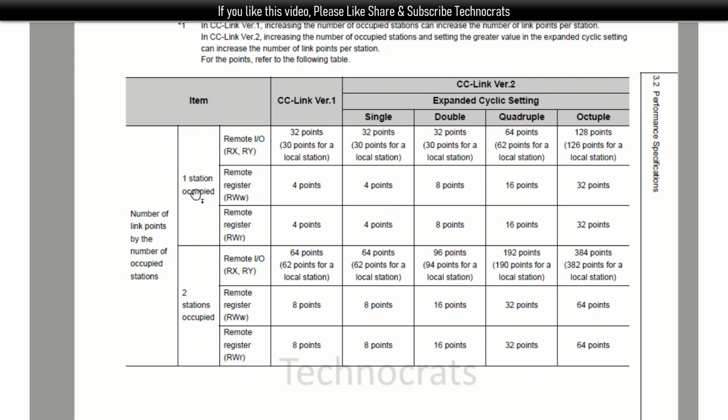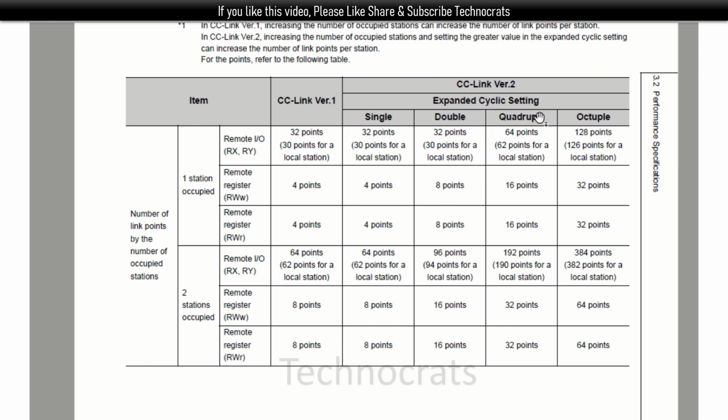Similarly, if I configure station 1 occupied and the expanded cyclic setting is double, then Rx Ry will be same, but this Rww, that is the data registers, will be doubled.